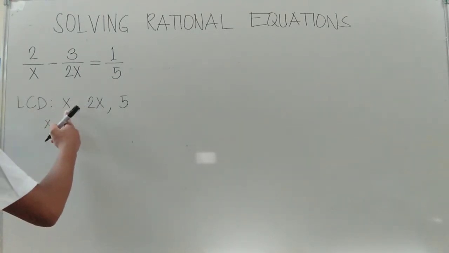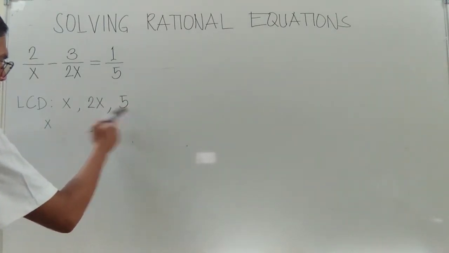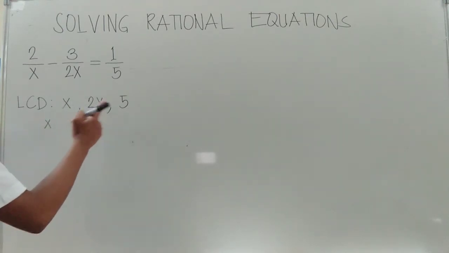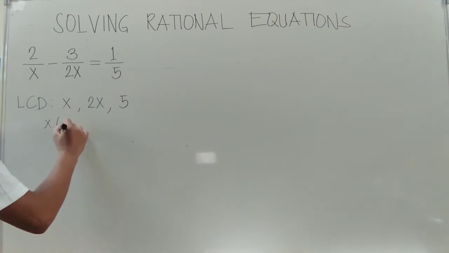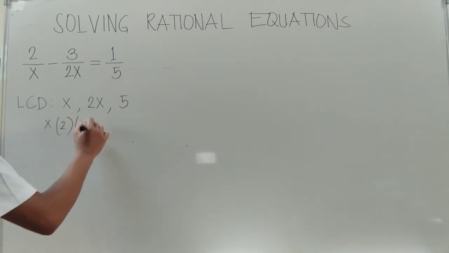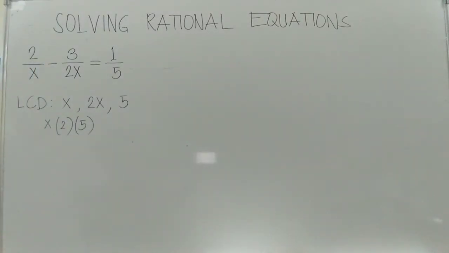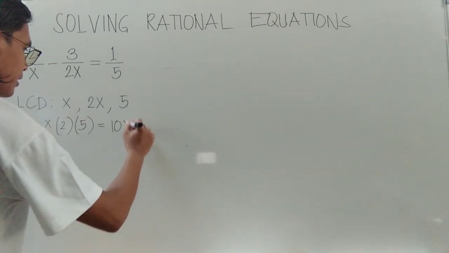Between 2x and 5, there's no common factor, so we will use 2 and also 5. As we have shown earlier, the least common multiple of 2 and 5 is 10. So we can say that our LCD is equal to 10x.